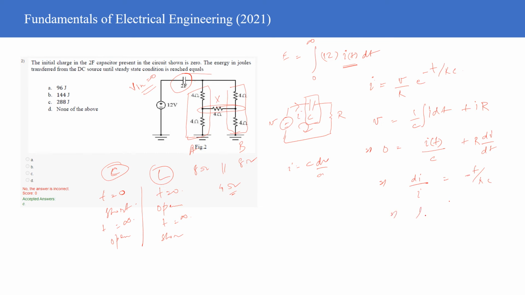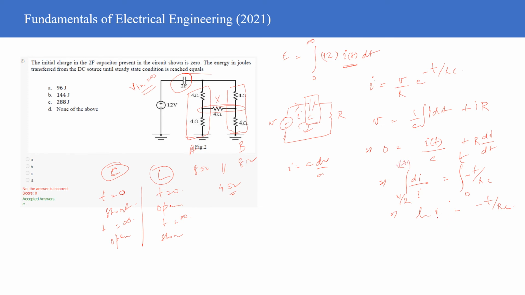This will become ln I equals minus t by RC, integral from where to where? From V by R, this is time t equals 0, and this is time t equals t, this is current I(t).